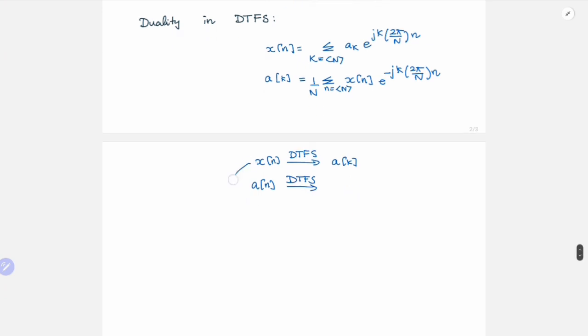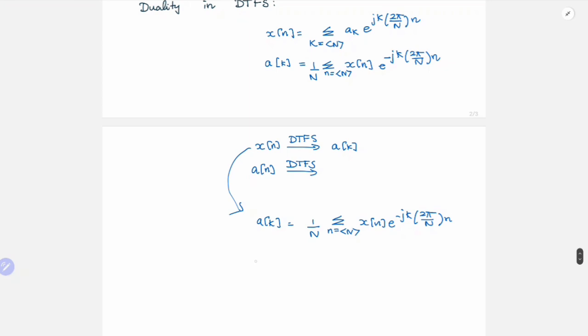So first I'll write x of n equal to, or I can take the other equation, right? My a of k is going to be equal to 1 over N summation n over N of x of n e power minus jk 2 pi by N into n. Now I need to try to bring this to the form of this thing, with a of n on the left hand side.